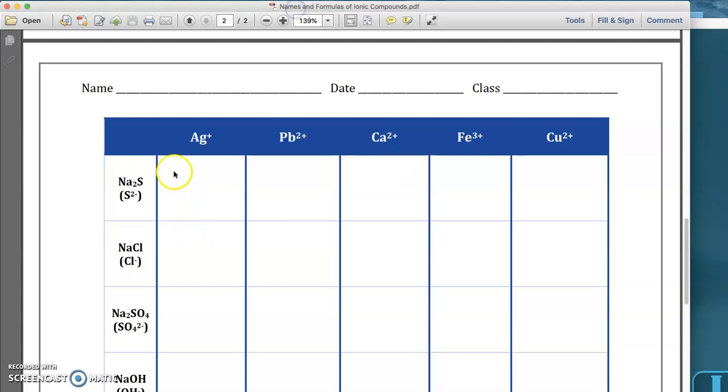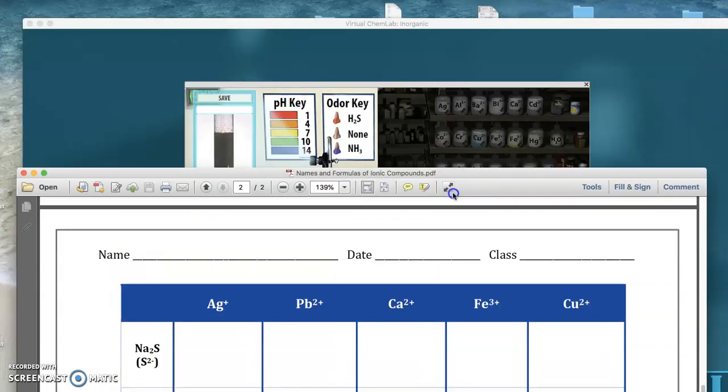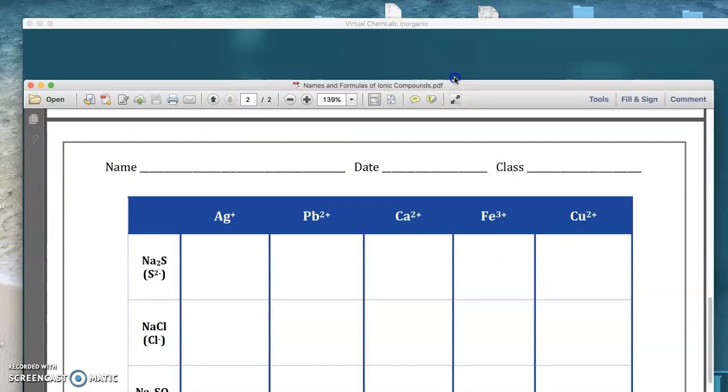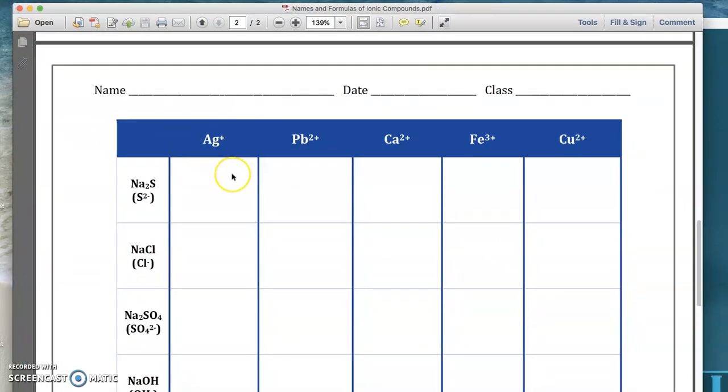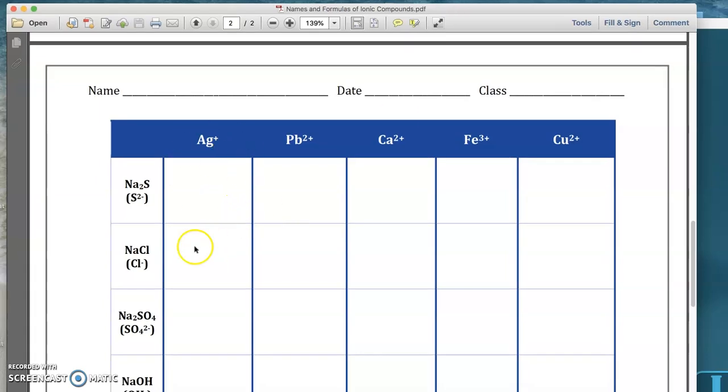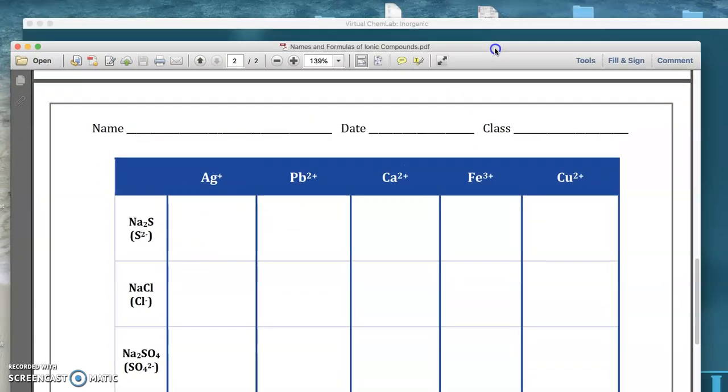So in this box, we would write that there was a brown or black precipitate, kind of grayish actually. So there's a gray precipitate. The formula is Ag2S, and the name is silver sulfide. Remember, spelling counts, so make sure that you spell things correctly. And so that would go in that box there.